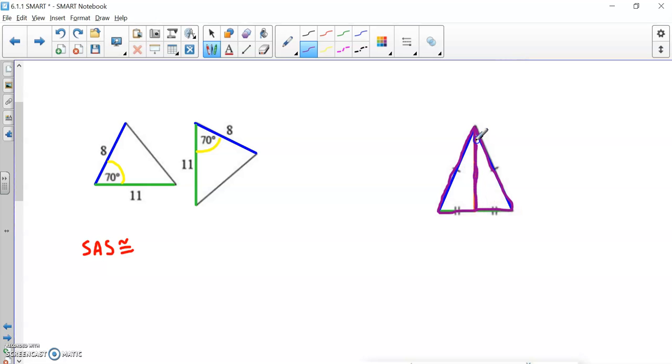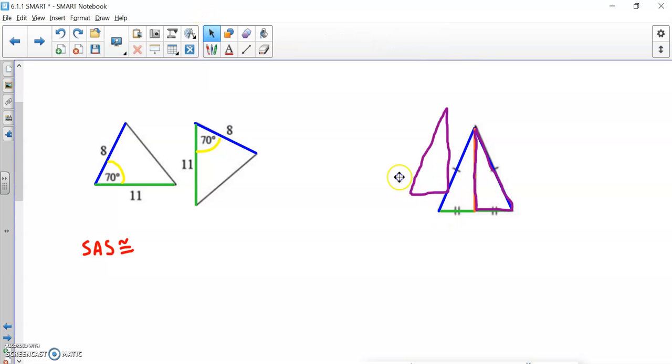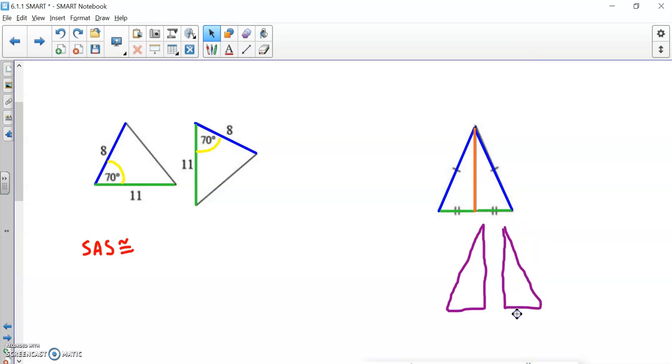They're not the best, but they could be worse. Now we know that they shared this third side, and so that side has to match. These two will be the same length because they used to be completely joined together. So we can consider that the third pair of congruent sides.